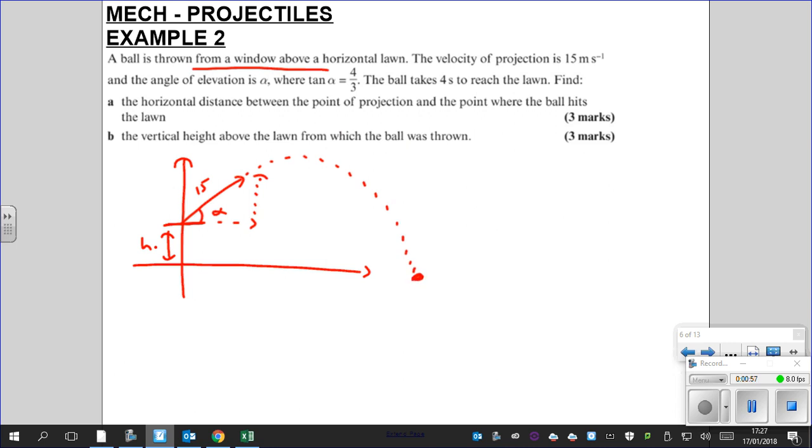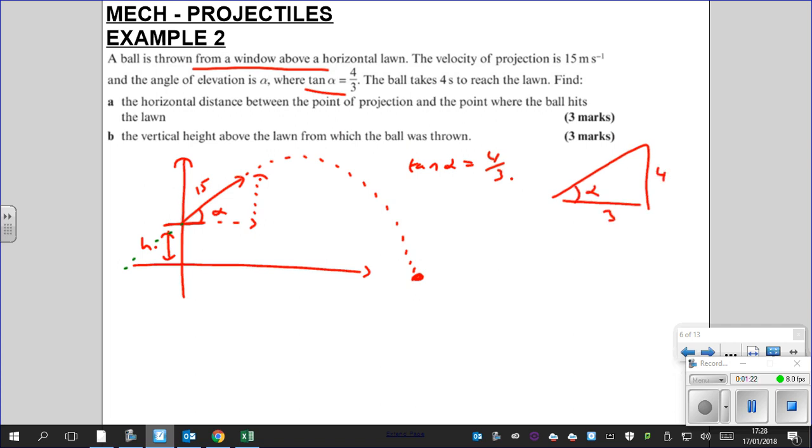So notice this is not symmetrical. It is a parabola shape, but the parabola would finish over this side, so using symmetry may not be that helpful for this one. Right, and notice this tan alpha is 4/3. This helps us keep things exact. So just like in all of those mechanics videos, you just draw a little triangle to the side.